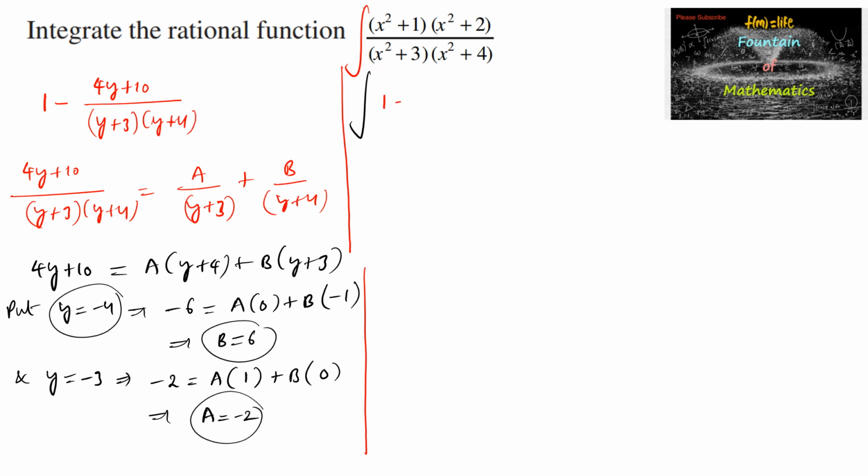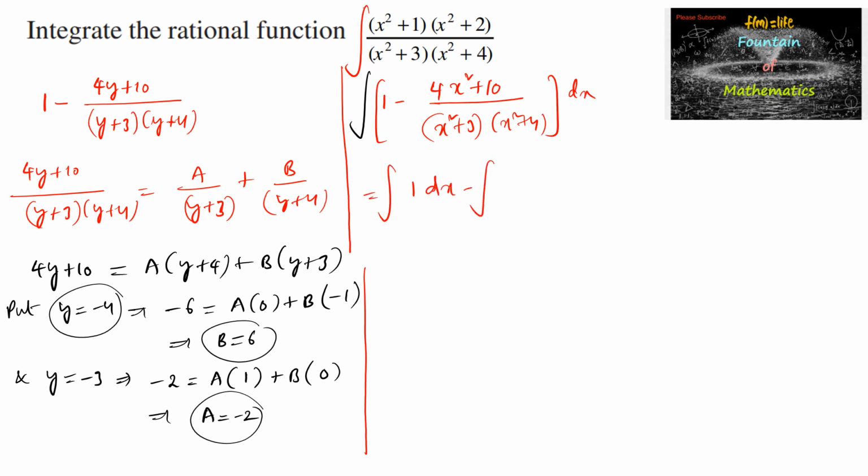We can write it as 1 minus (4 times x square plus 10) upon (x square plus 3)(x square plus 4) dx, which can also be written as the integral of 1 dx minus, and the partial fractions we can write here: a upon, that is negative 2 upon (y plus 3), that is (x square plus 3), and again plus b, that is 6 times (x square plus 4) dx.